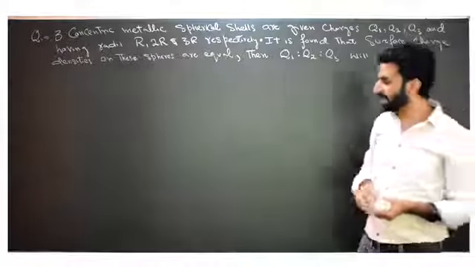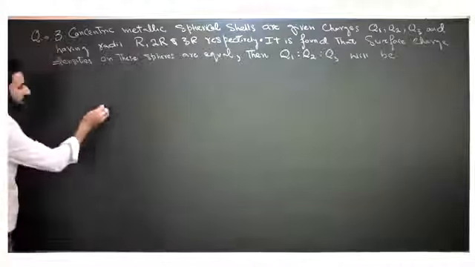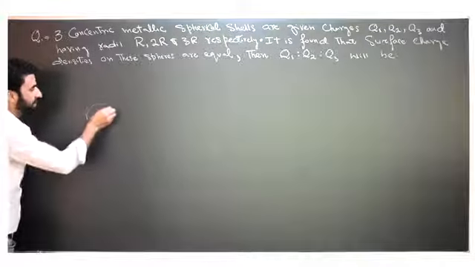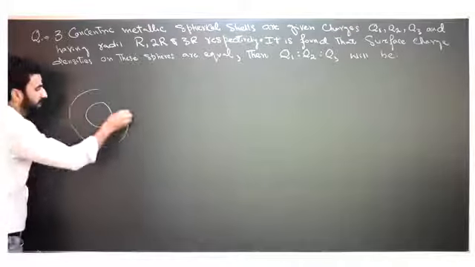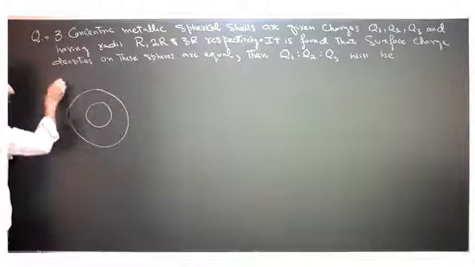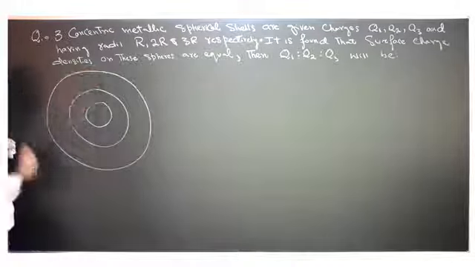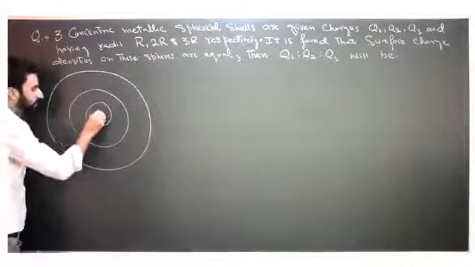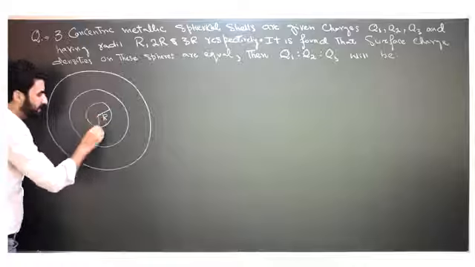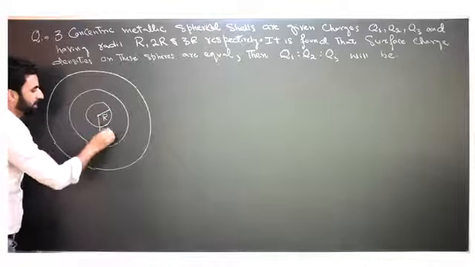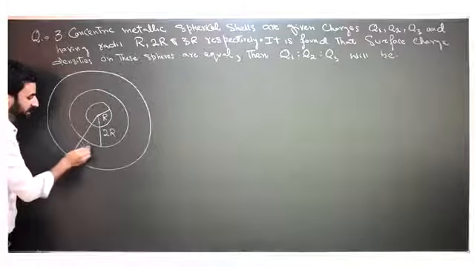So let's make the diagram for this problem. Suppose this is the first spherical shell having radius r. These are three concentric spherical shells we have to show. The radius of the first shell is r, the radius of the second shell is 2r, and the radius of the third shell is 3r.